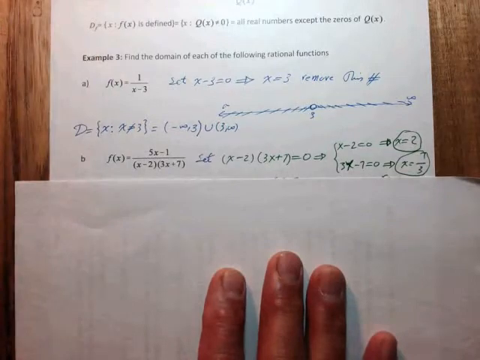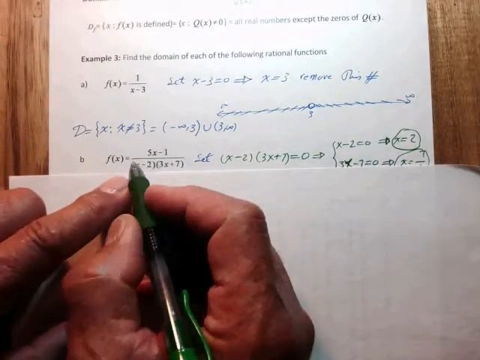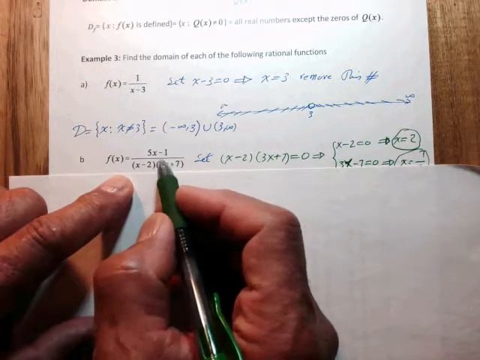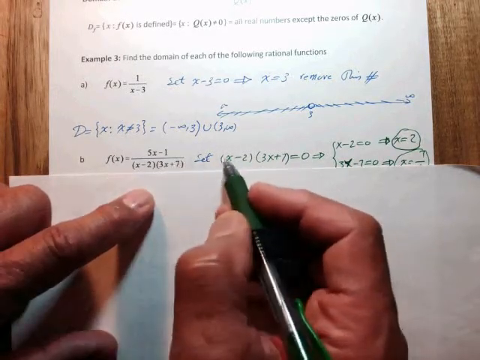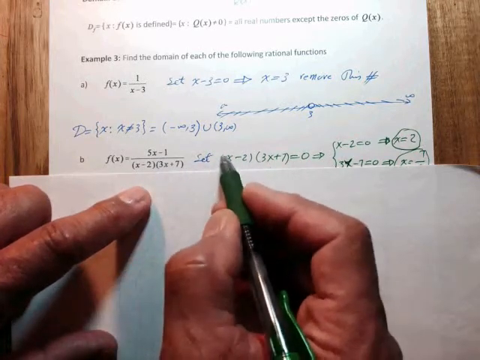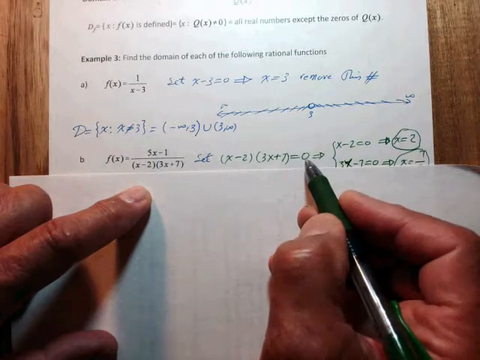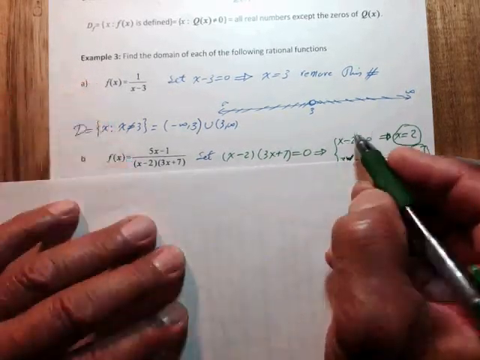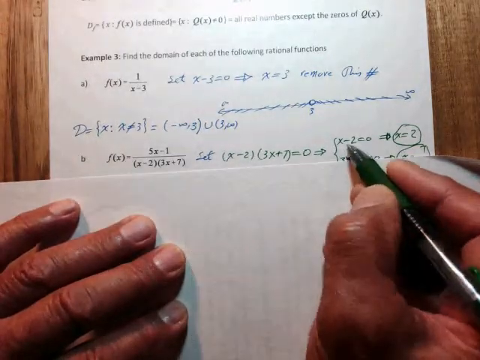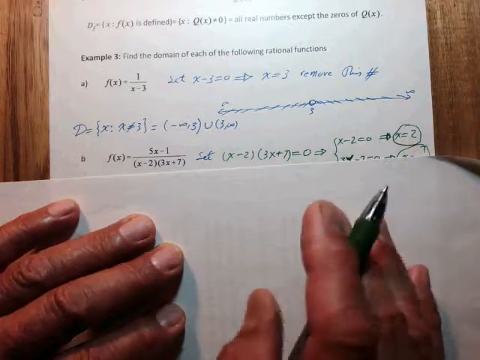Okay, so like the next example, I have f of x equal to 5x minus 1 over x minus 2 times 3x plus 7. So the denominator is x minus 2 times 3x plus 7. I put that equal to 0. Then you have to put each factor equal to 0. So I put x minus 2 equal to 0. That will give me x equal to 2.